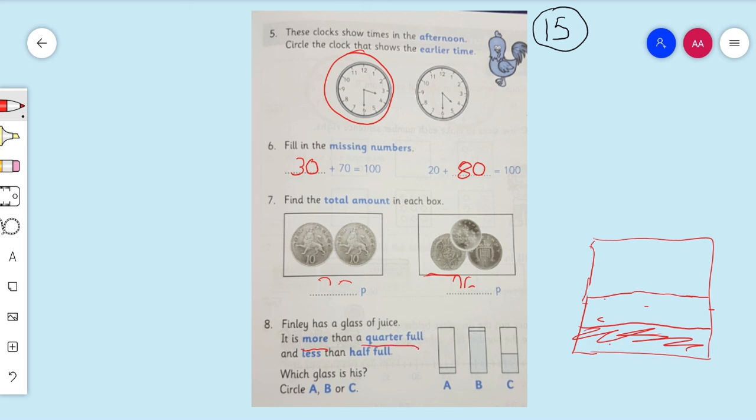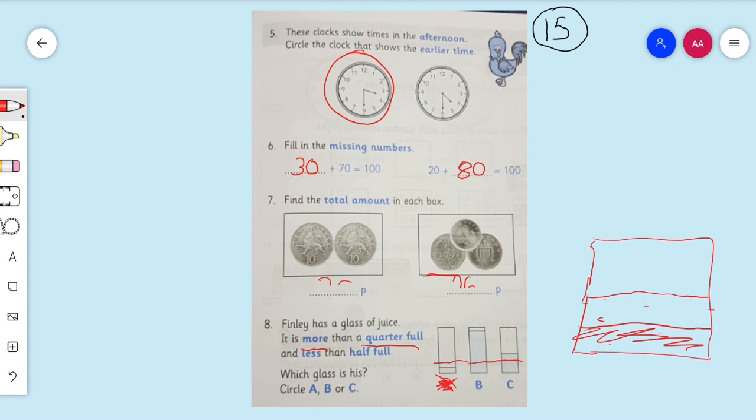So if this much of the container here is a quarter, then more than a quarter would be more than this line. And this first container has less than it. So this one, the A1, is crossed out.